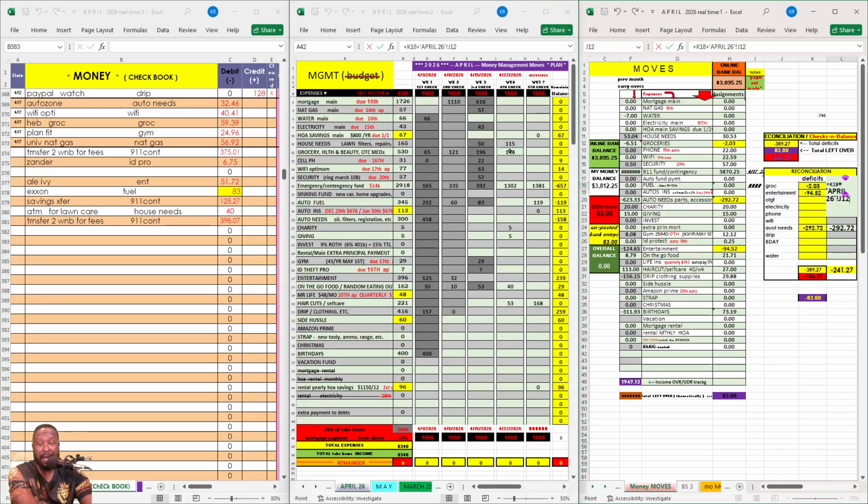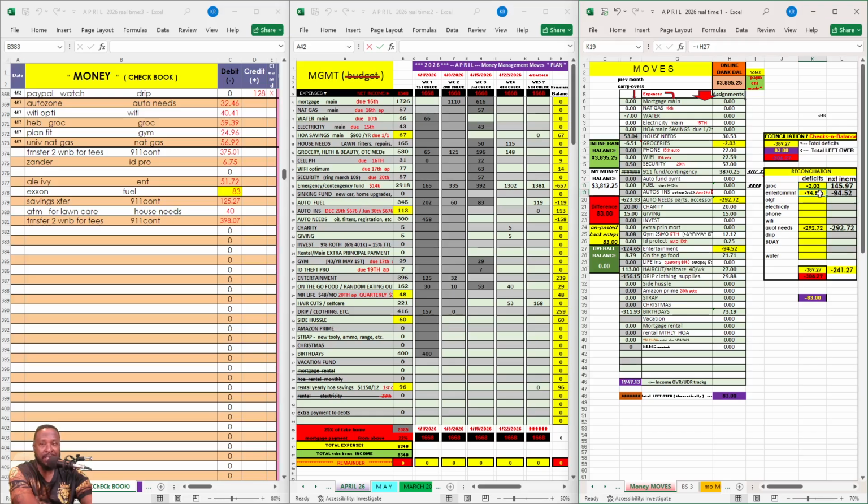So I'm going to say plus that one and push enter, and that's going to result in positive 145.97. So what this is saying is that I have 148 coming into the grocery expense category that's going to cover this negative 203 amount.